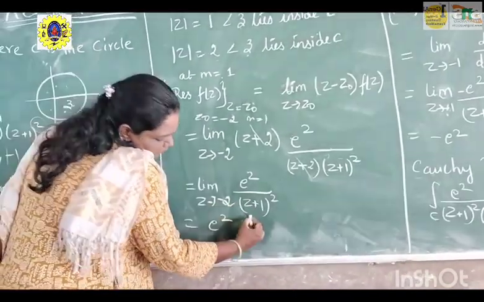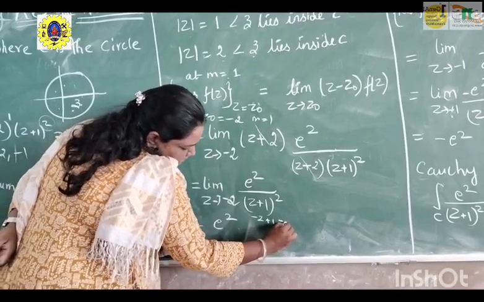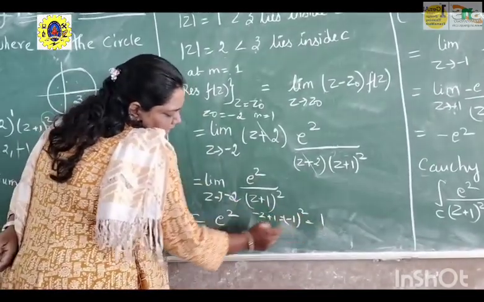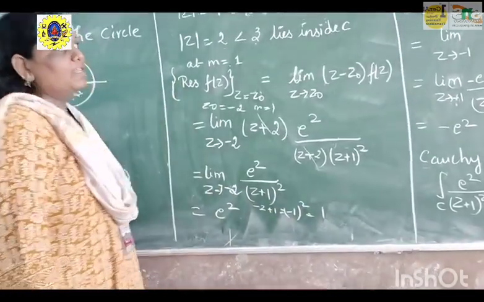Putting minus 2, we get (minus 2 plus 1) = minus 1, and minus 1 squared is 1. So the residue is e^2 divided by 1, which is e^2.